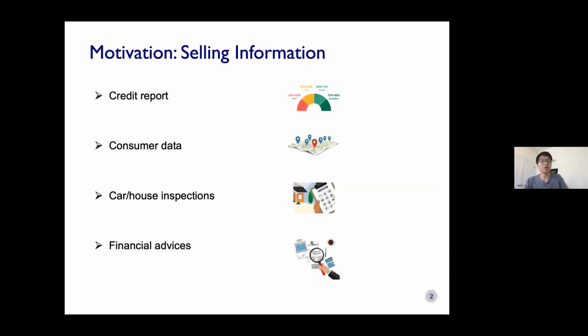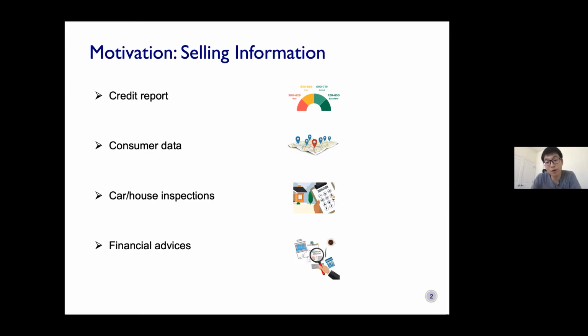Okay, good. So, motivations. Selling information actually already happens a lot in our daily life. For example, if you are a credit report company, you might want to sell information to some loan company or to a bank. If you hold geographical data about customers, you might want to sell it to marketing companies to help them better target the users.